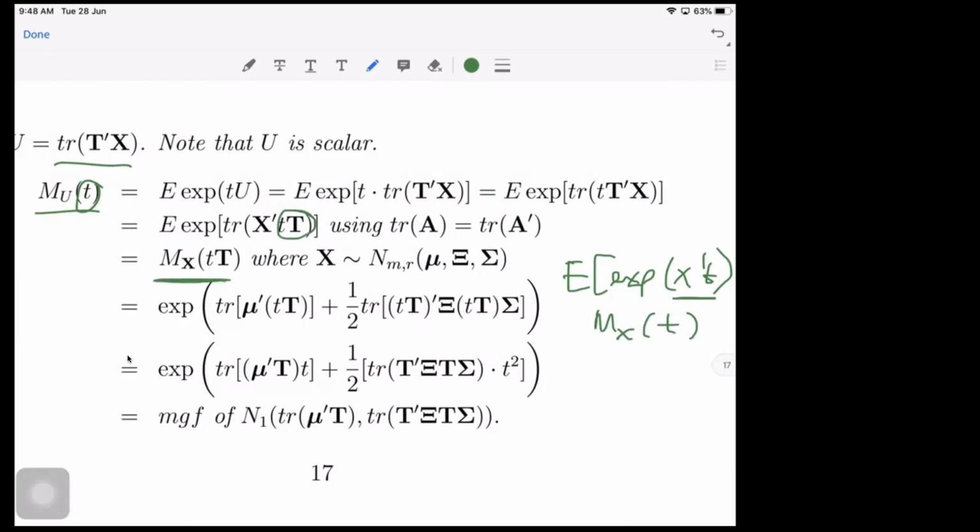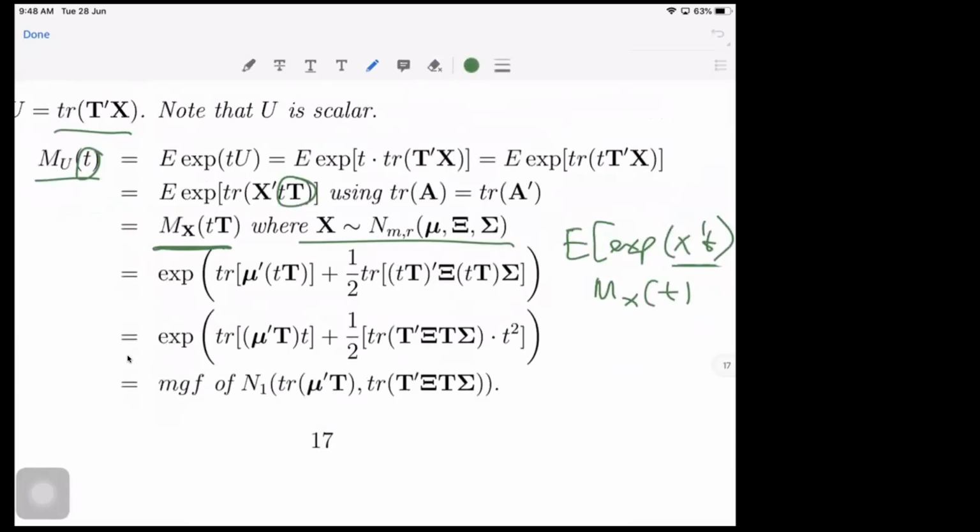But our x is normal. So if x is normal, the moment generating function of the multivariate normal is the exponential of mu prime t plus 1/2 the trace of t prime sigma t.